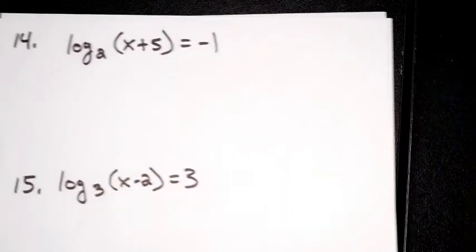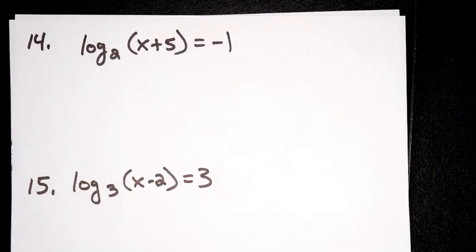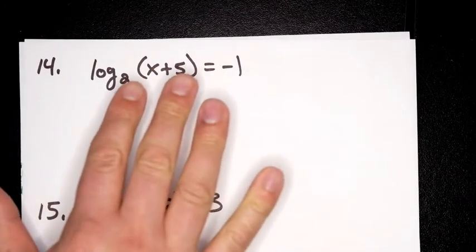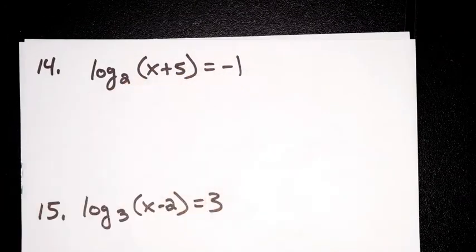Let's look at number 14. So there we go. We got log base 2 of x plus 5 is equal to negative 1. So what are we going to do right here? In this case, I think what we want to do is convert this. I think it's easiest to convert it to exponential form. So there's a couple ways we can look at it.